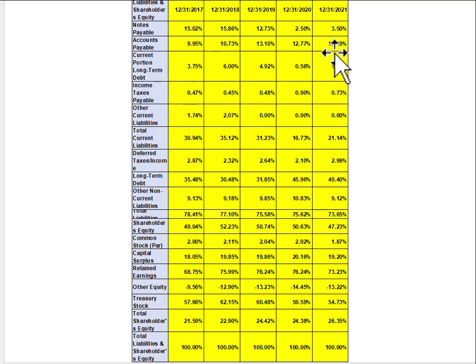accounts payable, in this last year, 15% of the debt of the company, of the financing of the company, was accounts payable. Long-term debt, it's down here somewhere in the middle. Long-term debt is 40% of all the financing has come from long-term debt.